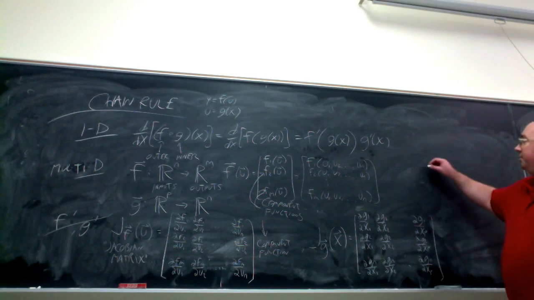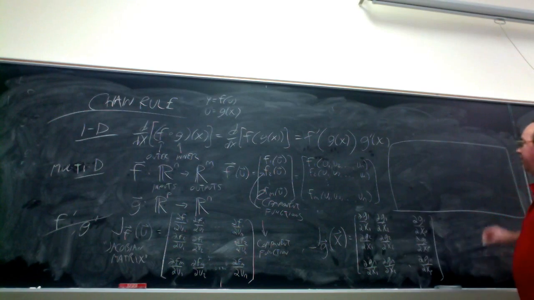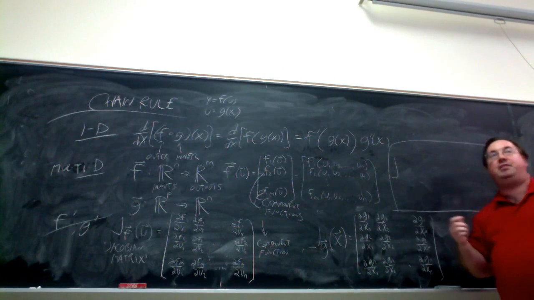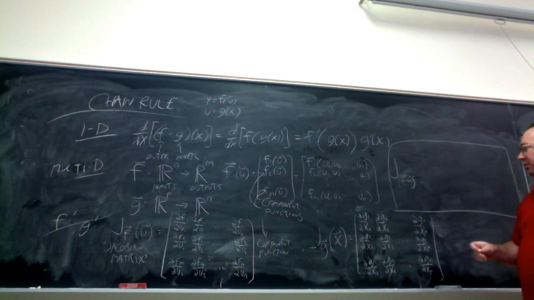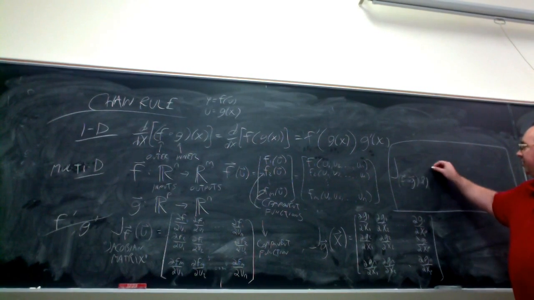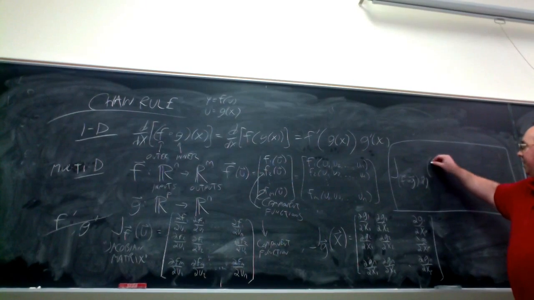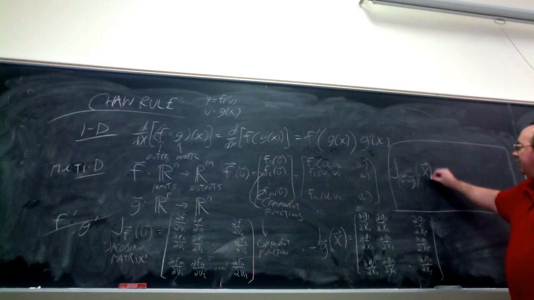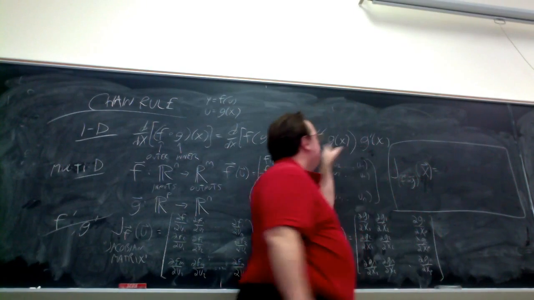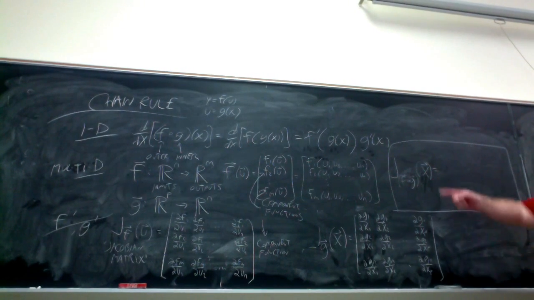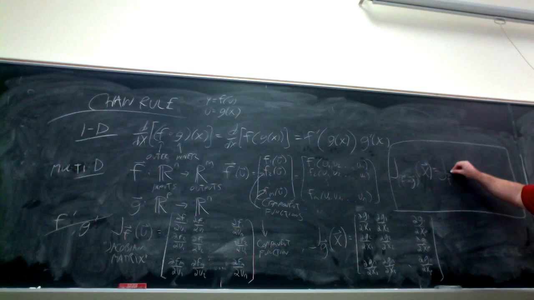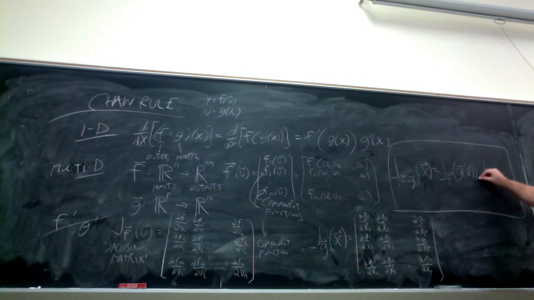The multivariable chain rule says that the derivative, or Jacobian matrix, of f composed with g, which is the same thing as f of g of x, and that's true no matter how many variables you have, evaluated at a particular x, is just as I multiply these derivatives here, which in that case is just plain old multiplication, I'm multiplying these too: the Jacobian of f evaluated at g of x, so that gets plugged in there, times the Jacobian of g evaluated at x.